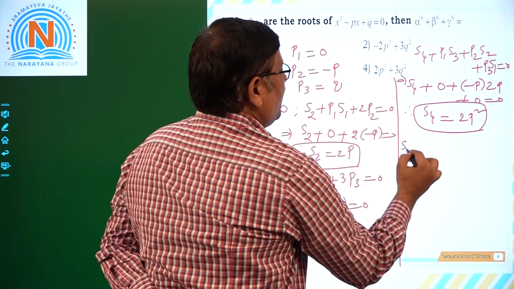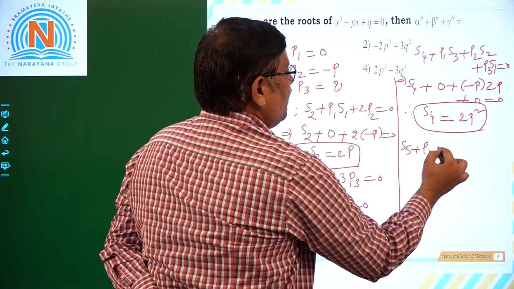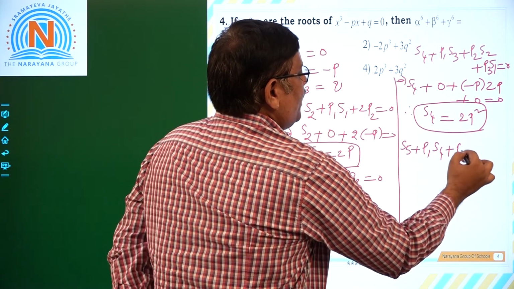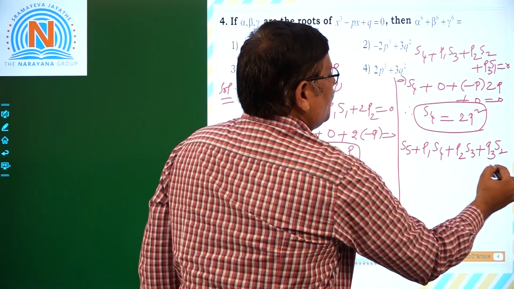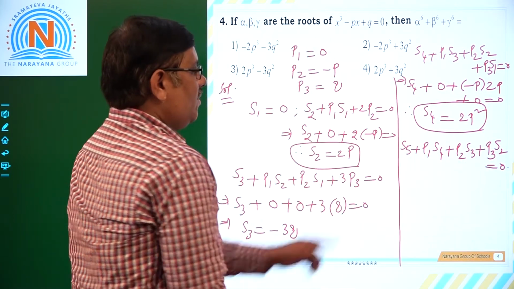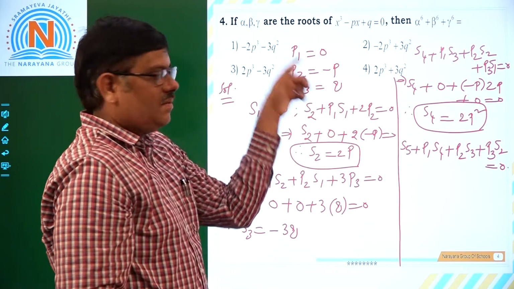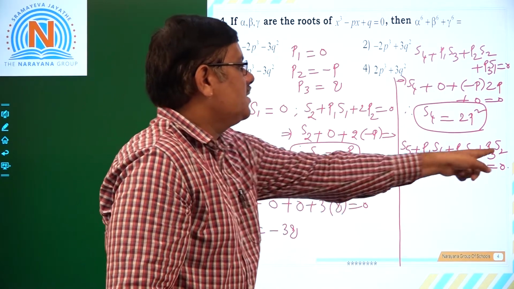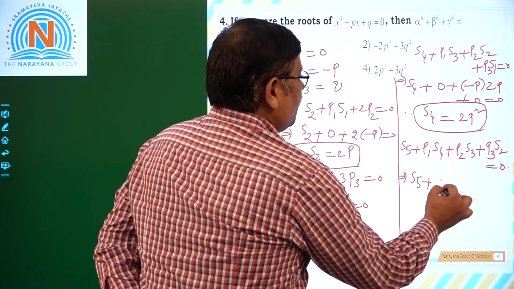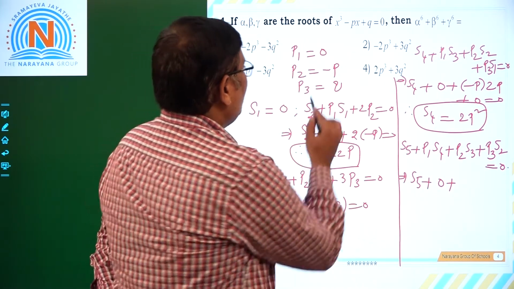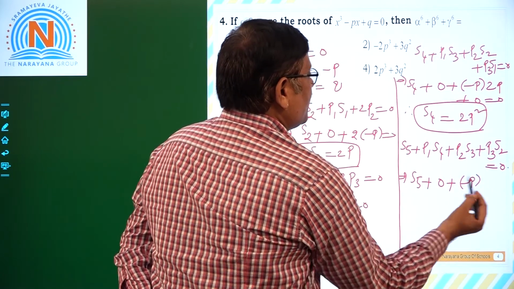Next, we have S5. S5 plus P1 into S4 plus P2 into S3 plus P3 into S2, that is 0. Here for S5, R is 5, N is 3, so 5 minus 3 is 2, that is the last term. That implies S5 plus P1 is 0, so it becomes 0. P2 is minus P into S3.